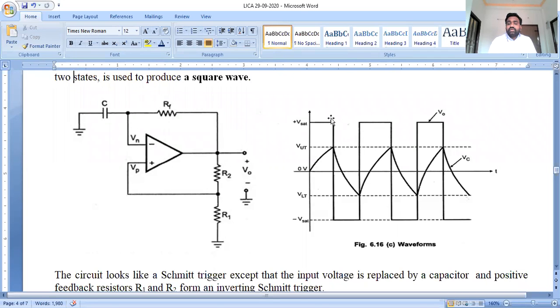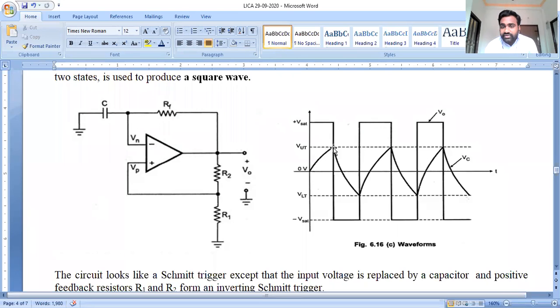The capacitor charges from 0 volts toward the upper threshold voltage, and if the capacitor voltage V C increases slightly greater than the upper threshold voltage, the output voltage drops from plus Vsat to minus Vsat.